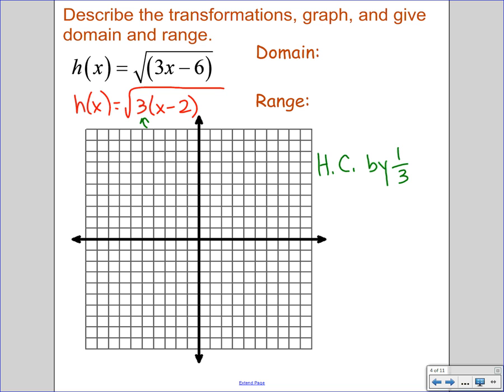What I like to do, I like to find the reciprocal of that number. If that number's less than 1, I know it's going to be a compression. All right, now that -2, that means right 2, opposite of what it appears to be. So, remember the parent function that we had graphed.